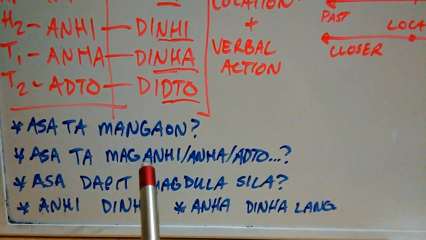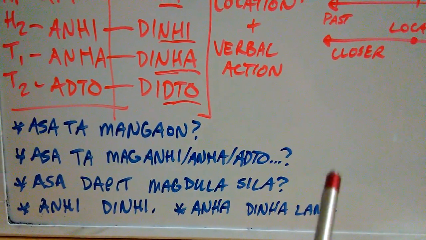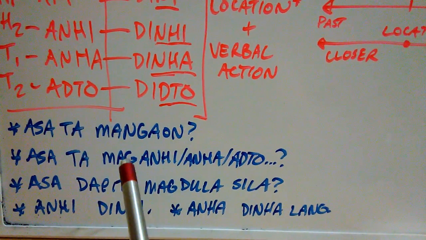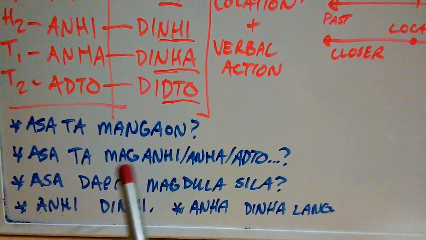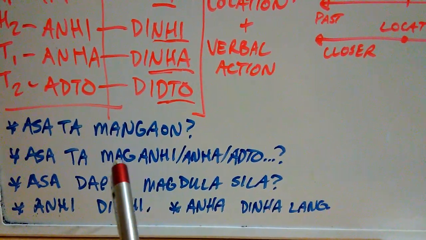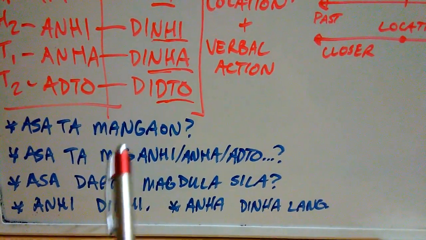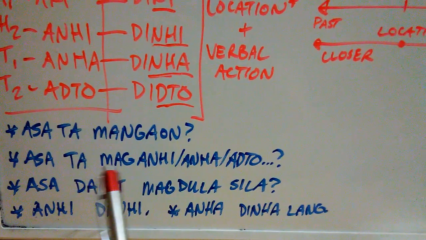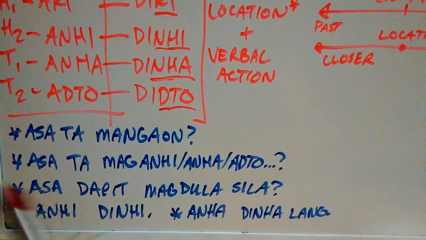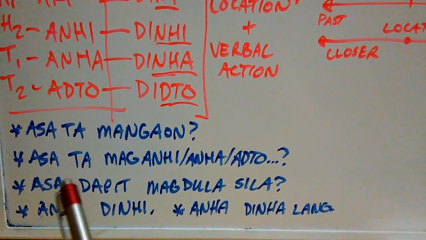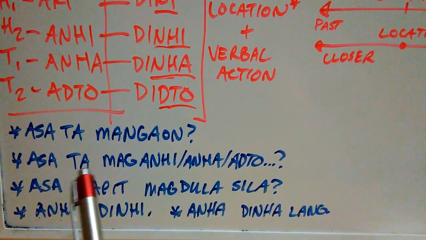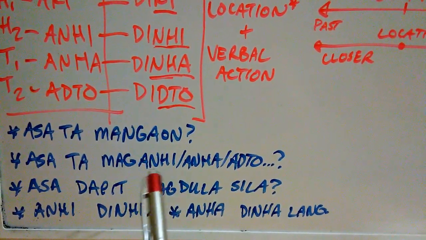Next question is asa ta mag-anhi, mag-anha, mag-adto, and so on, right? It doesn't matter as long as you have this absolutive marker, this focal marker here that marks something that hasn't been done yet, right? And asa expresses that too. And again, you can't say something like diin ta mag-anhi.